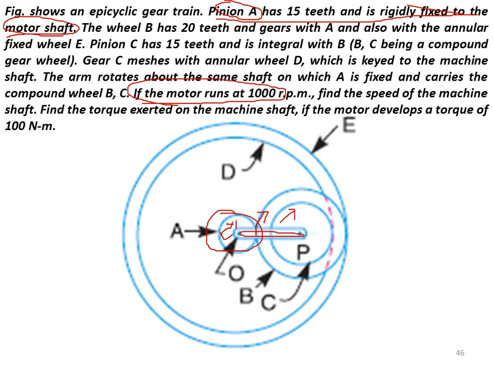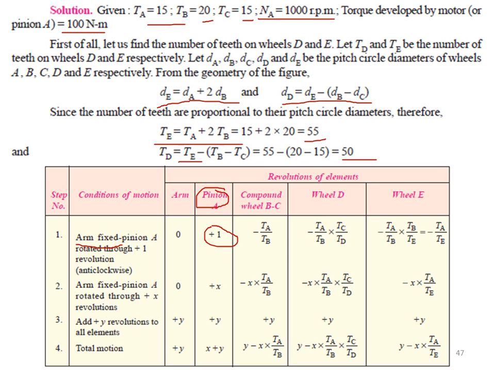The other two gears are meshing internally, so all will be opposite direction to that of A. So compound wheel will be minus TA by TB, then wheel D connected from the compound wheel, so from there it is minus TA by TB into TC by TD.